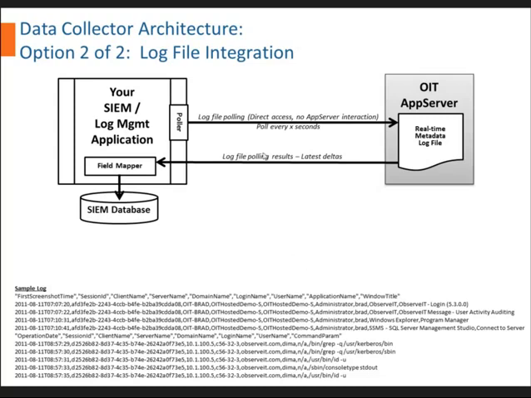Once again, it's the very same concept, where the data is pulled, the content results are then mapped via a field mapper and stored into a SIM database. And that is how the textual metadata is accessed into and stored in the SIM. I want to point out that the metadata that is captured includes URLs for the video replay.